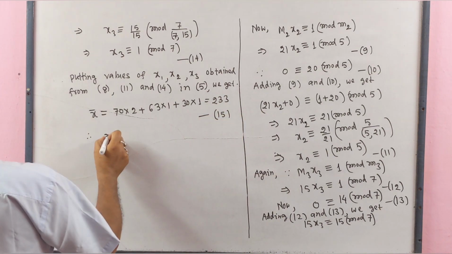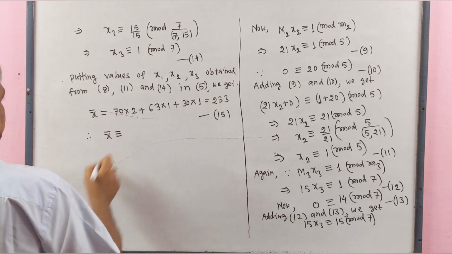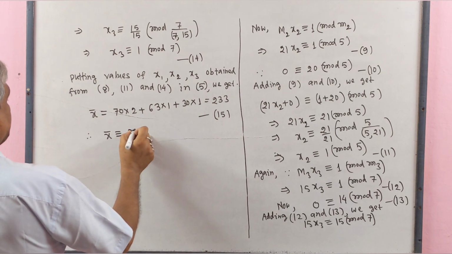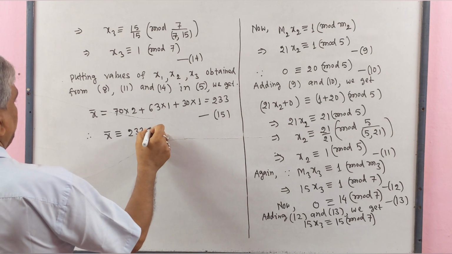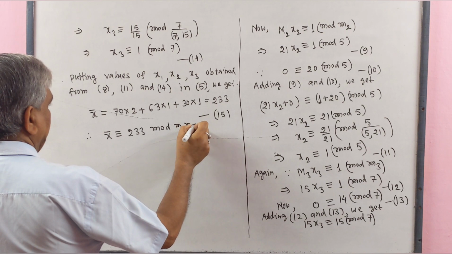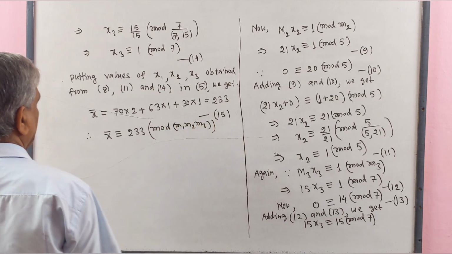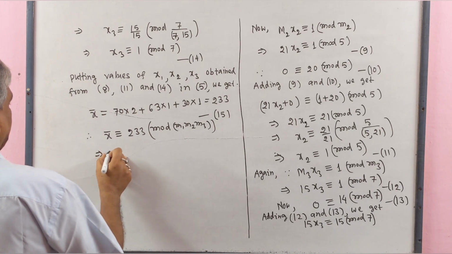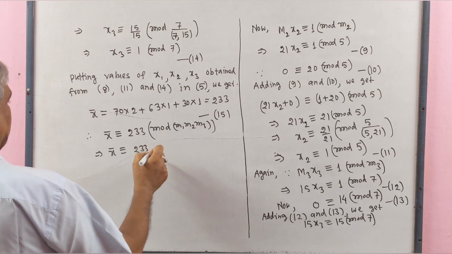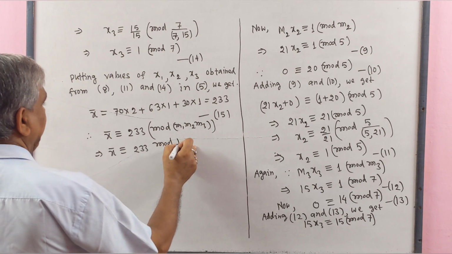Therefore, x bar is congruent to 233 modulo m1 multiply m2 and m3. Implies that x bar is congruent to 233 modulo, this multiplication is 105.